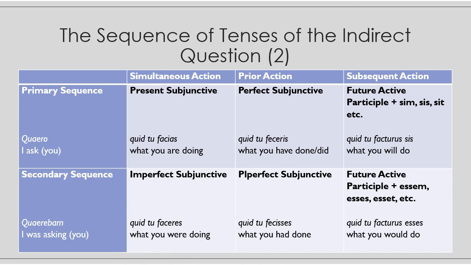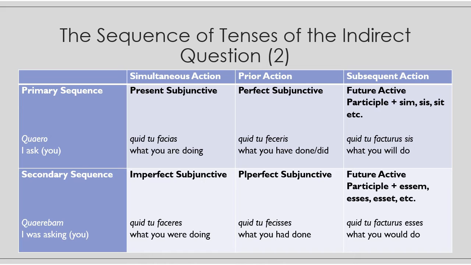If you have an action which is simultaneous to a verb in primary sequence, you will have the present subjunctive. So, quaero quid tu facias. I ask you what you are doing in this moment, because as you can see, the two actions are simultaneous, they happen at the same time.